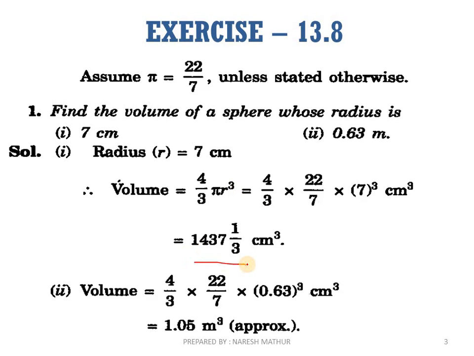At the end we can get the volume of the sphere. Similarly in the second one we are given the radius as 0.63 meter. So just put the value of radius as 0.63, solve this equation and we get the answer.